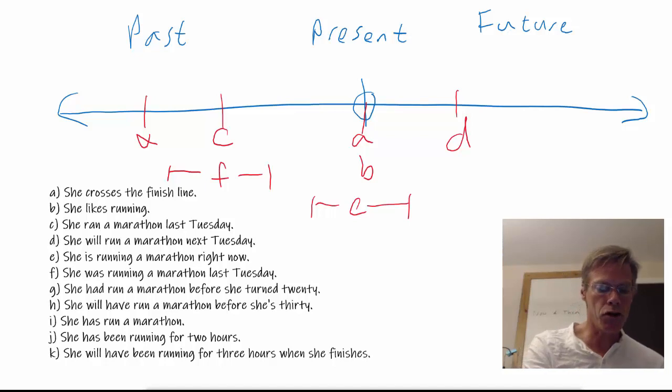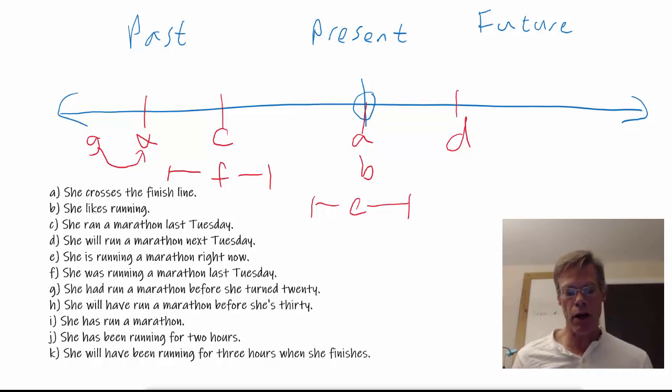And prior to that, there was an event G where she ran a marathon. Okay, so the perfect relates one event to another in terms of anteriority. That, in other words, this event happened before this event.